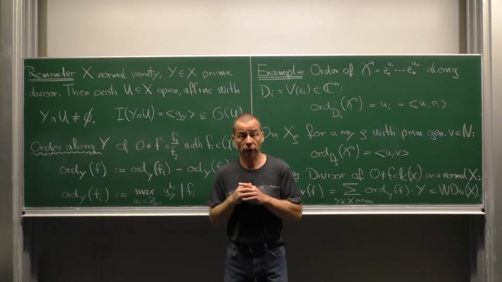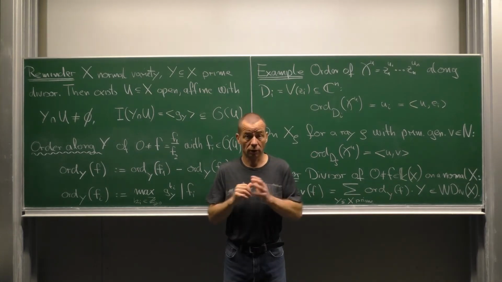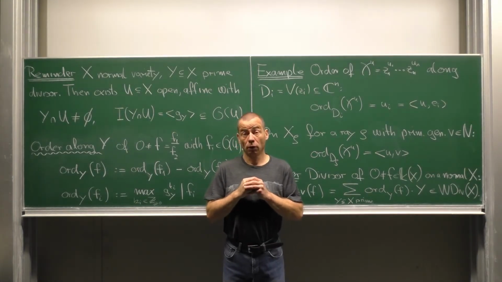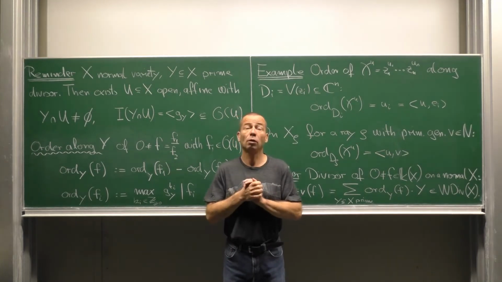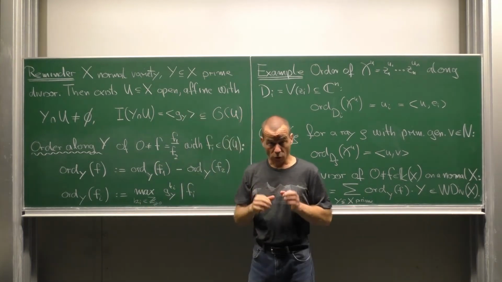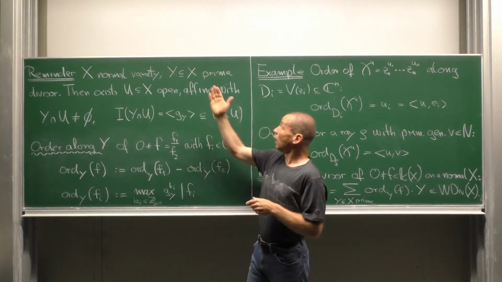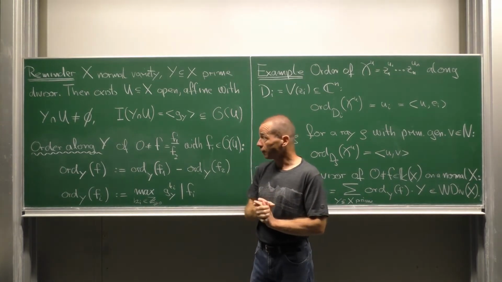We will associate with any non-zero rational function a divisor. For this, we first need the notion of the order of a function along a prime divisor. Consider a normal variety X and a prime divisor Y in it.